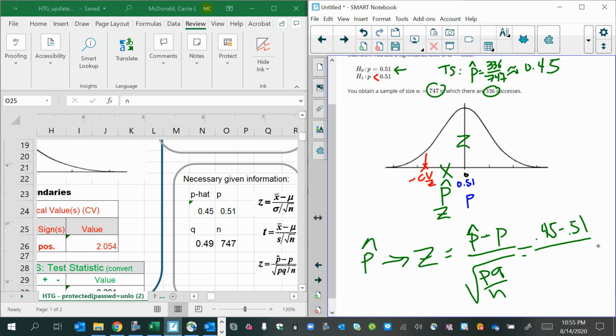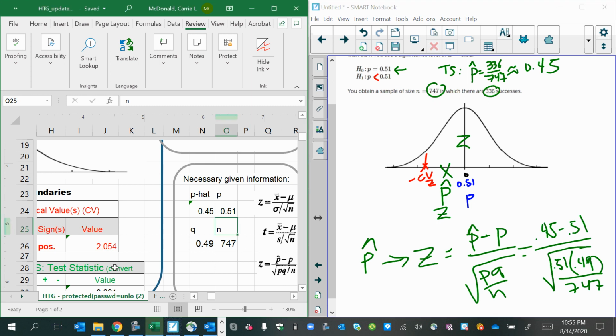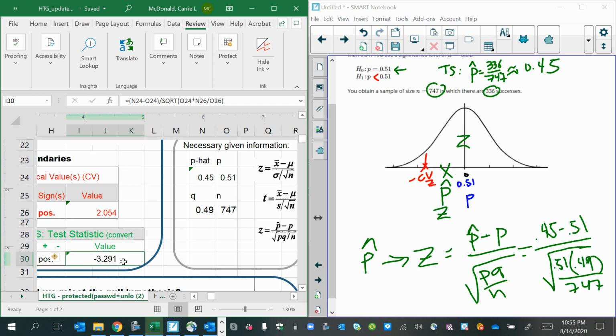See how far apart those are, and then how many standard errors would fit into that. Standard error will be P, which is 0.51, times Q, which is 0.49, and divide that by 747, and all of that is inside the square root. So let's calculate the test statistic. Probably should have cleared out all these other values because this is from another example.